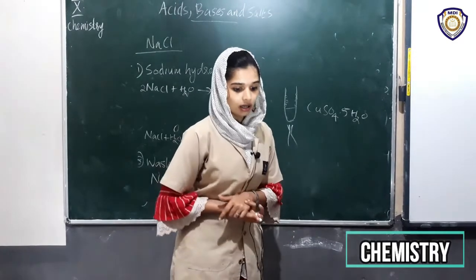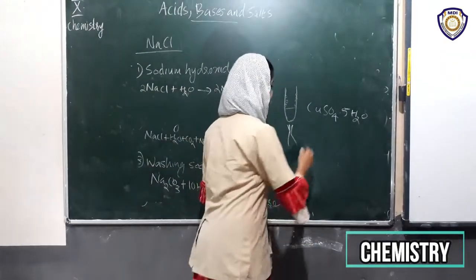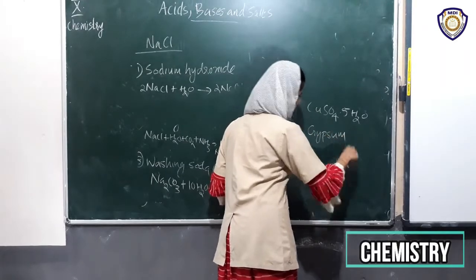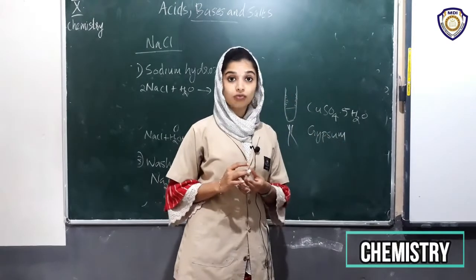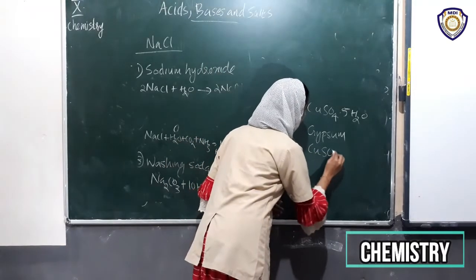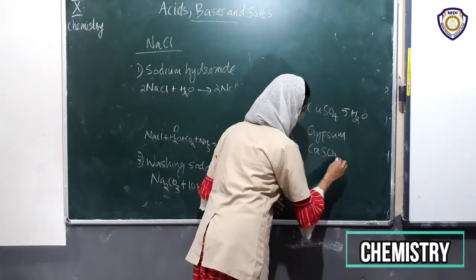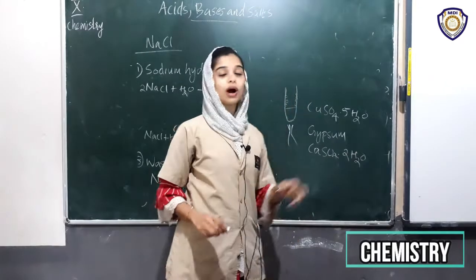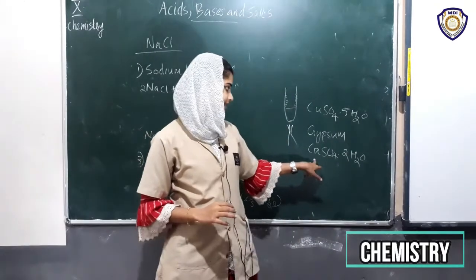Then there is another salt called gypsum. Gypsum is also a salt which requires water for its crystallization. Its chemical formula is CaSO4·2H2O. It requires 2 water molecules for its crystallization.